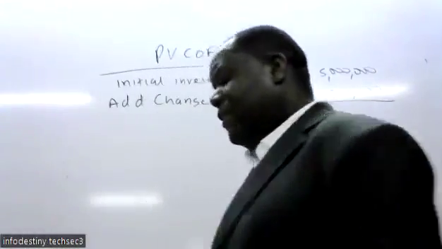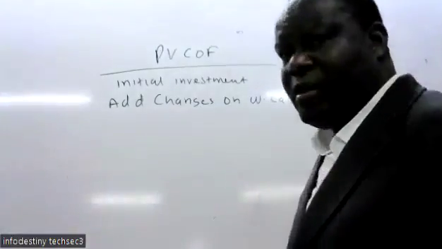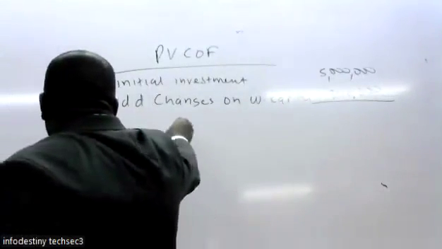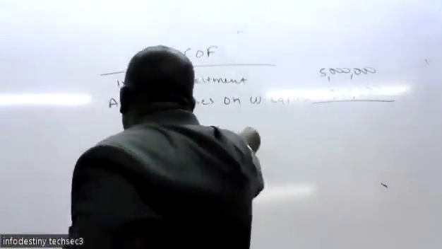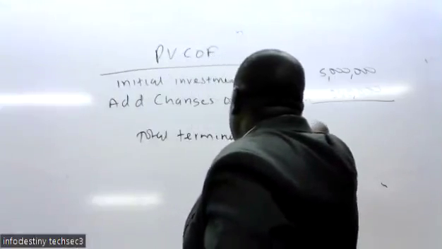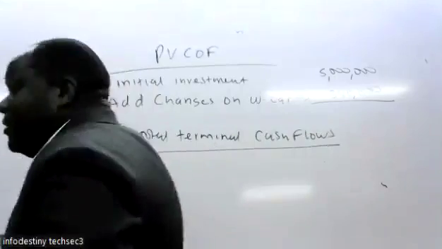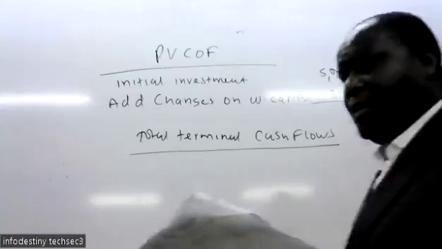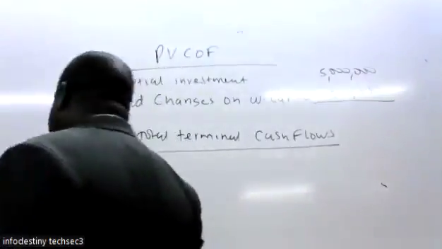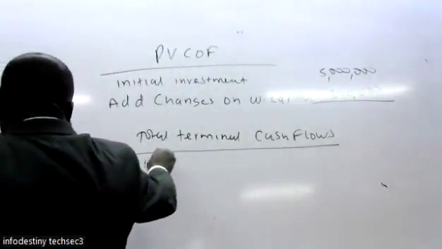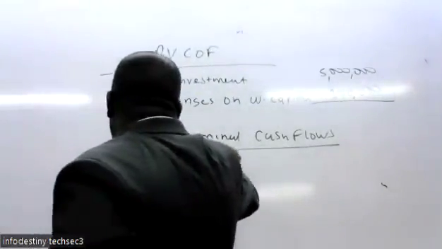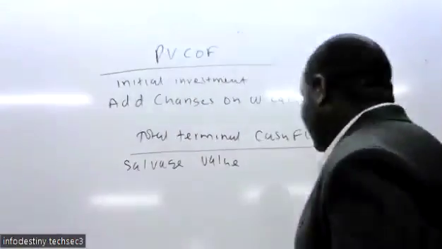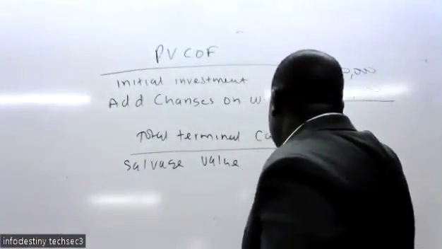We go to Roman letter 3, where they would like you to get the total terminal cash flows. Remember, we start with the salvage value, which was 800,000.